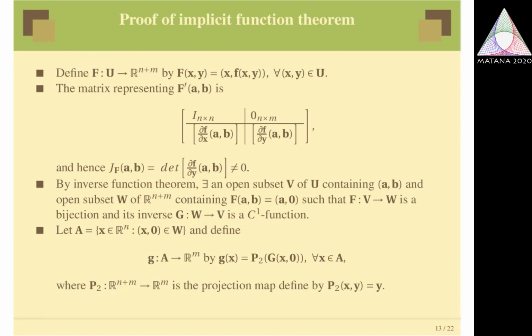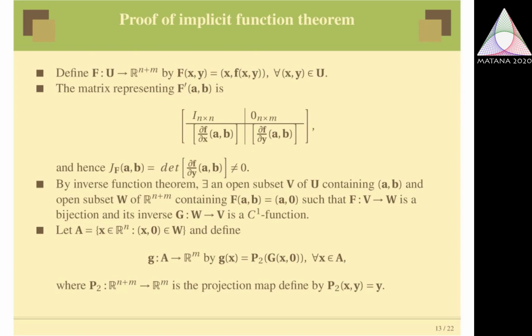If we denote by capital A the set of all x in R power n for which (x,0) belongs to W, then A is an open subset of R power n, as it is the inverse image of W under a continuous map h defined by h of x is equal to (x,0). Since (a,0) belongs to W, we have small a belongs to capital A.